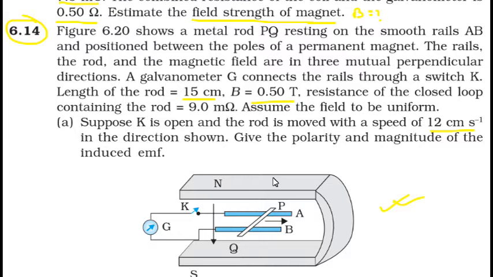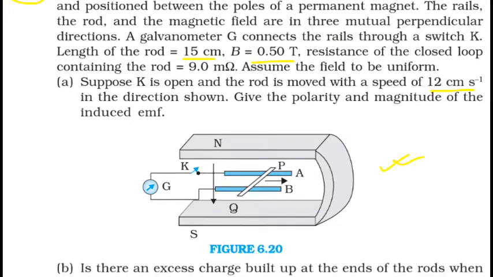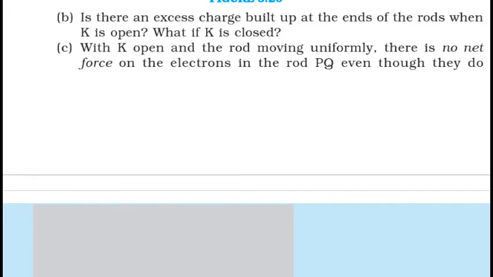Give the polarity and magnitude of the induced EMF. The next part of the question: is there any excess charge built up at the ends of the rod when K is open? What if K is closed?